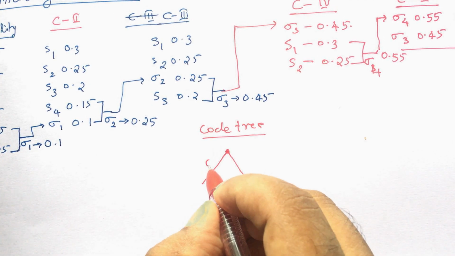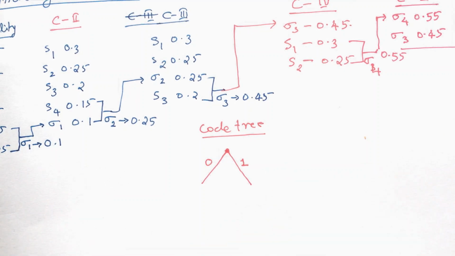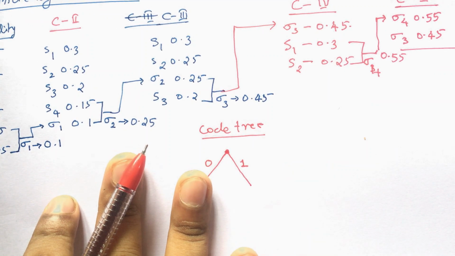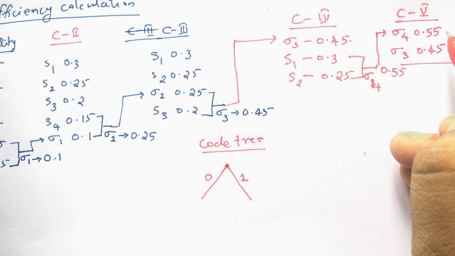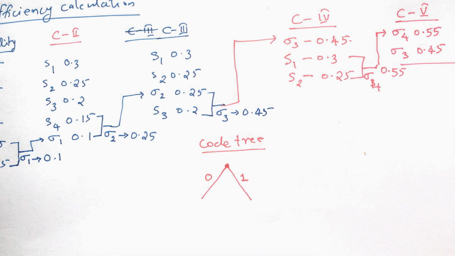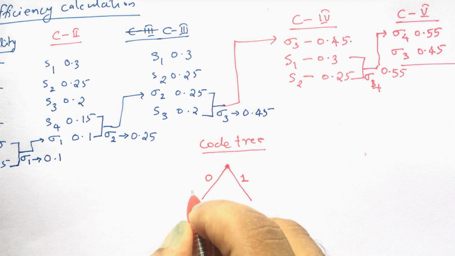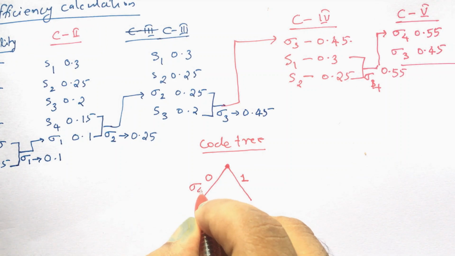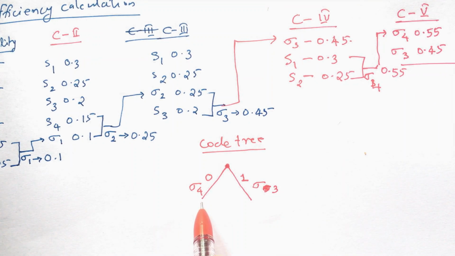On the left I am giving the symbol 0, and on the right the symbol 1. See our last column, the fifth column: we have two symbols, sigma 4 and sigma 3. So I am naming them sigma 4 here and sigma 3 here.